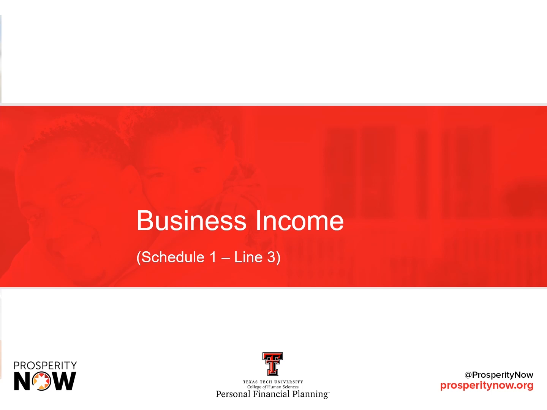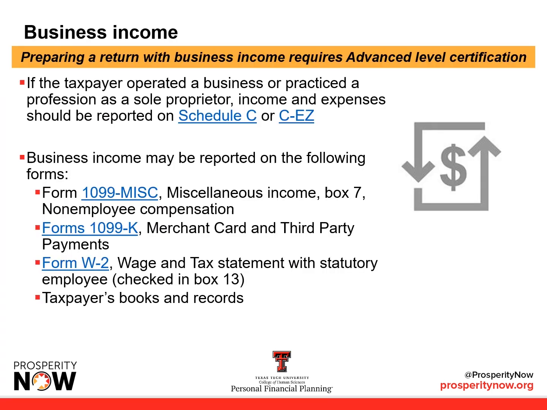So, what is business income? This is line 3 on the Schedule 1. Before we get started, please note that preparing a return with business income requires an advanced level certification. If the taxpayer operated a business or practiced a profession as a sole proprietor, income and expenses should be reported on Schedule C or CEZ.